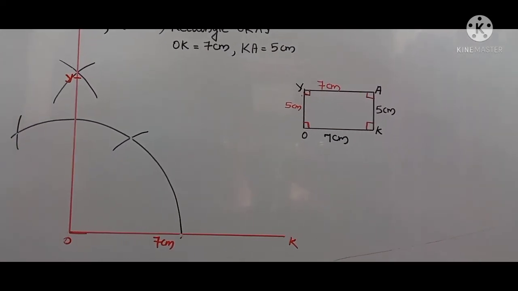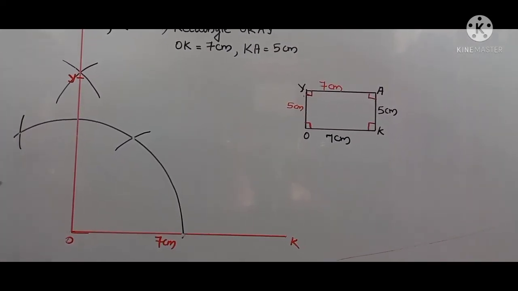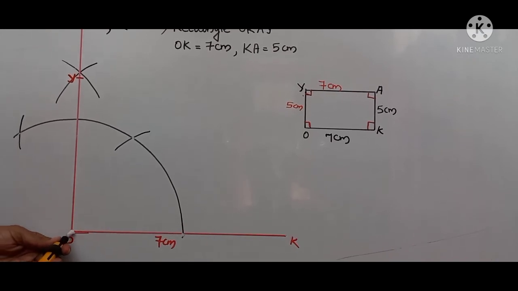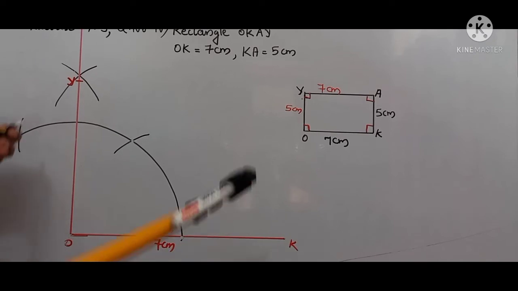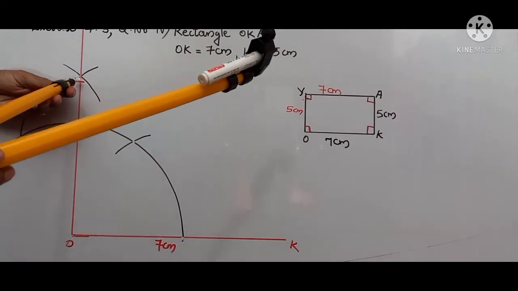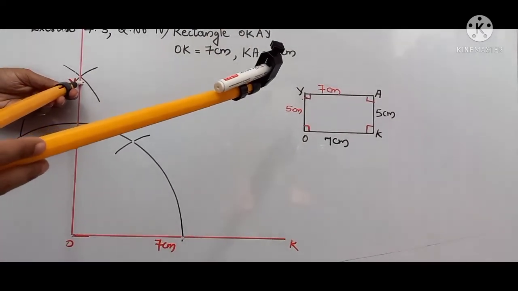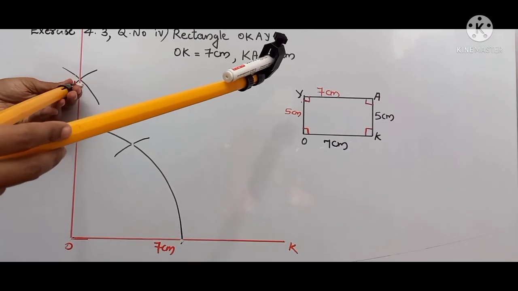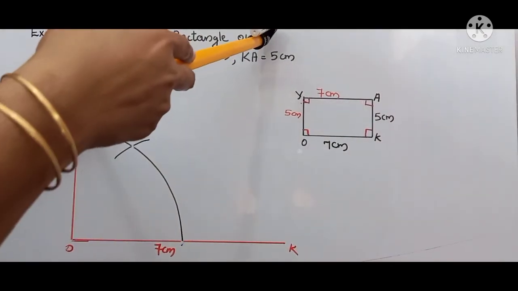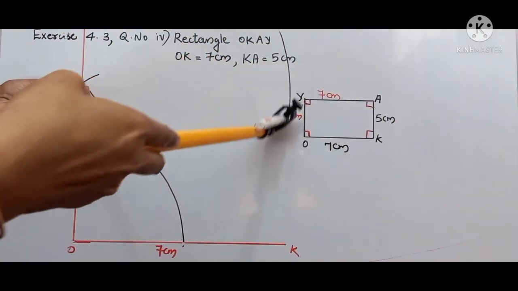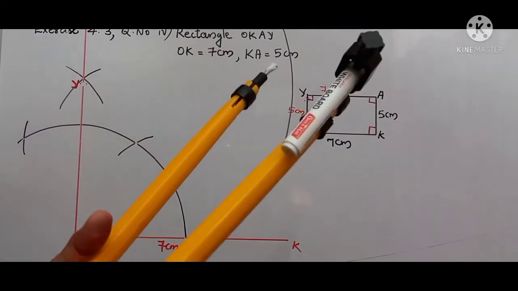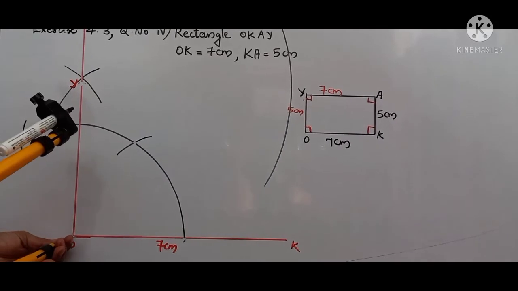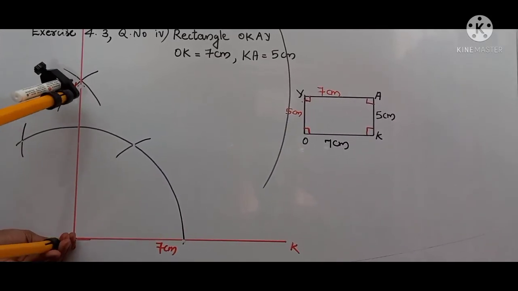Now it is easy. We need a compass for that and measure this OK, that is 7 centimeter, already drawn here. Point your compass on Y and draw an arc like this way, and then we can remove that compass width and take this measurement now, 5 centimeter.